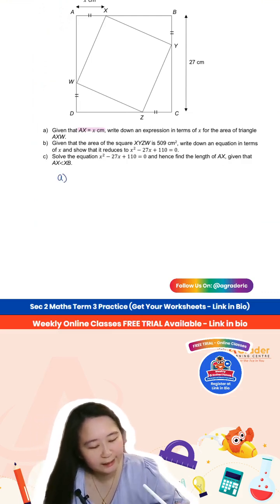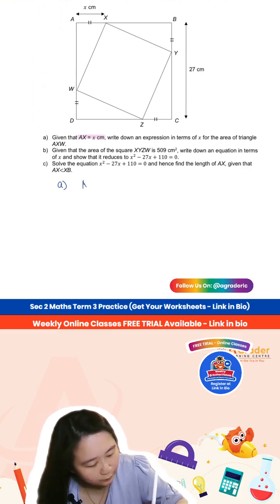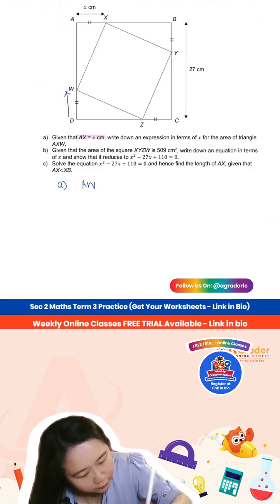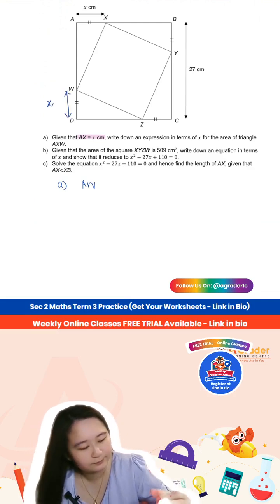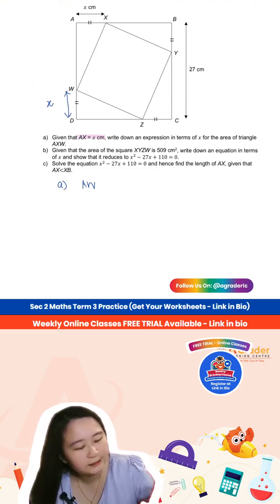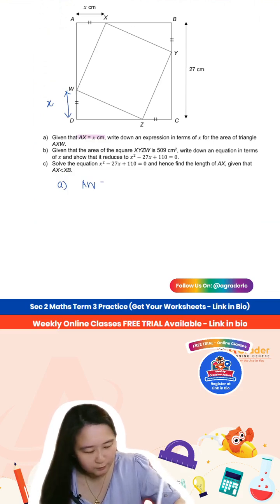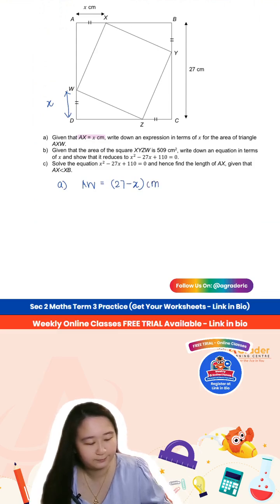So we know AX is x cm. With that, we can find AW, because here is also x. And then we know BC equals to AD, which is also 27 cm. So AW will be 27 minus x cm.